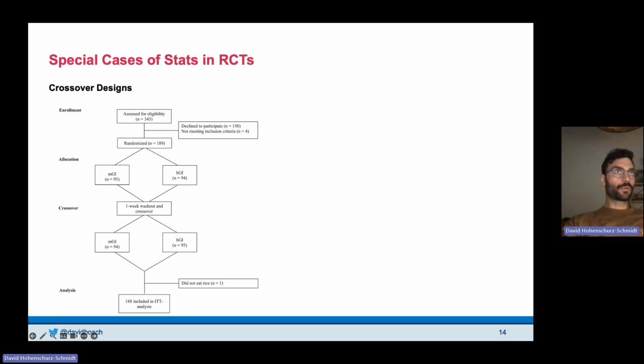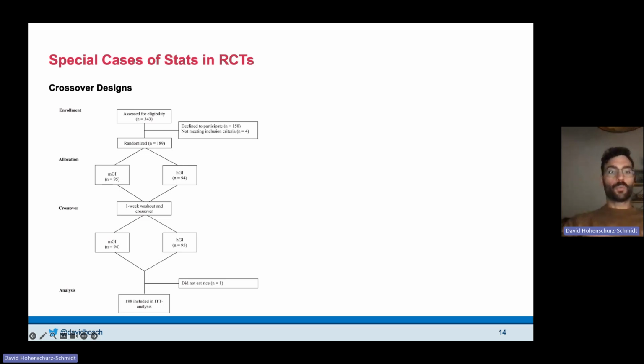They finish that treatment course, and then occurs a crossover. So people who got, in this case, MGI, then go over to the other side and receive HGI for the next treatment phase, and vice versa. In between, you've got a washout phase.